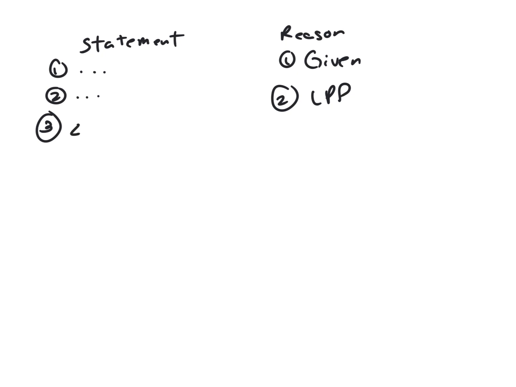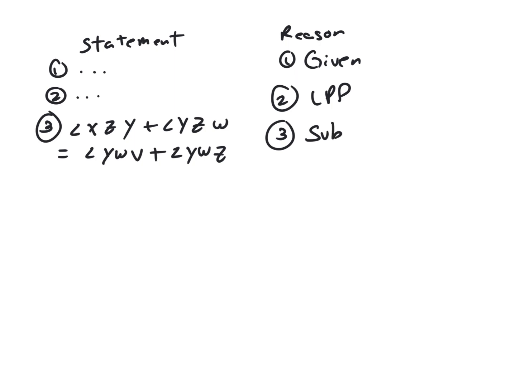And we're going to say angle XZY plus angle YZW equals angle YWV plus angle YWZ. That is substitution.